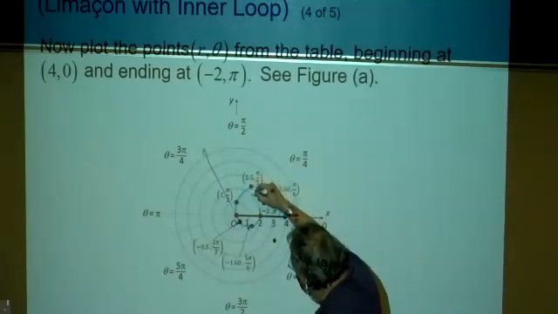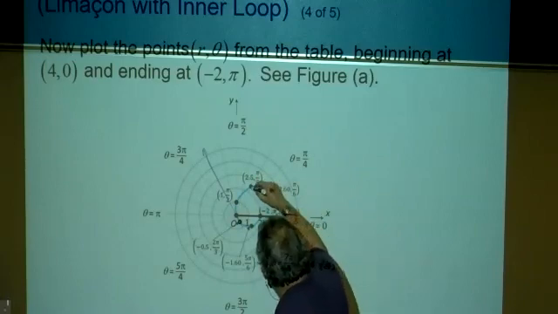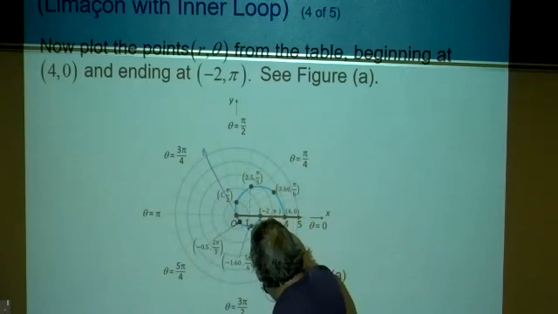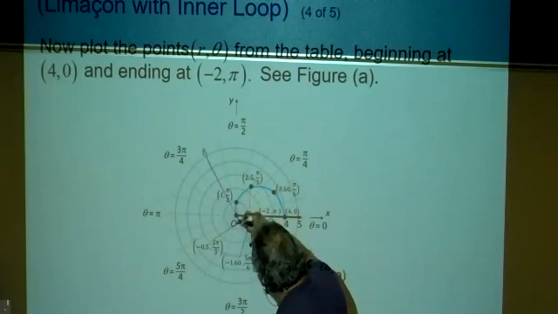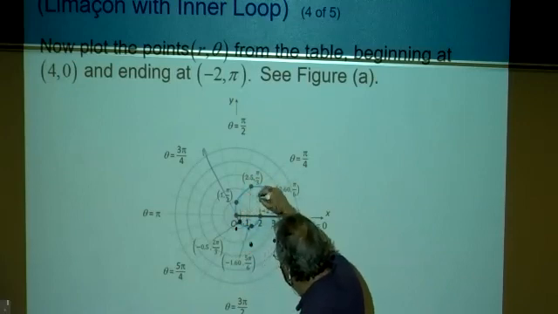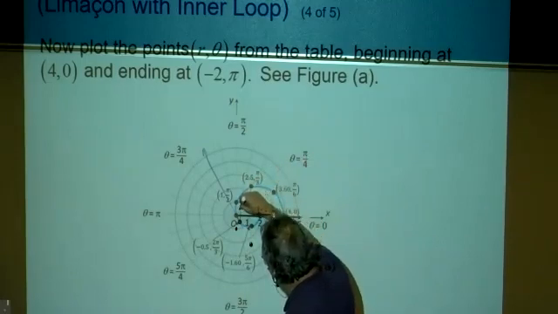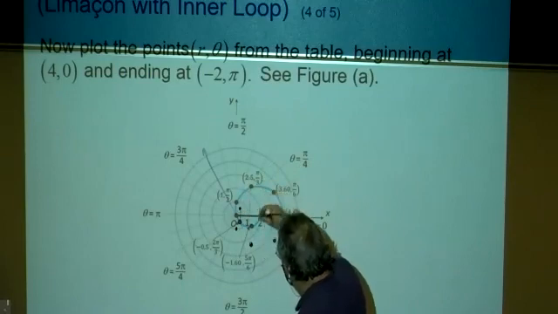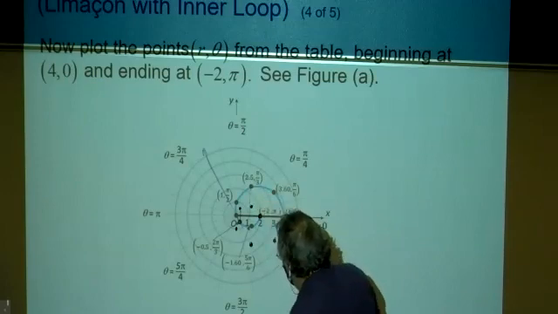This one's mirror image is here. This one's mirror image is here. This one, we have to go across the polar axis to get to those mirror images, and then this is its own mirror image.